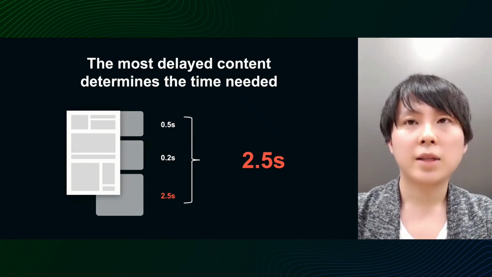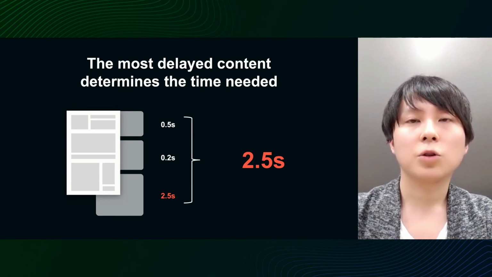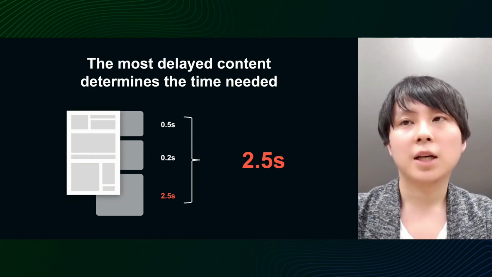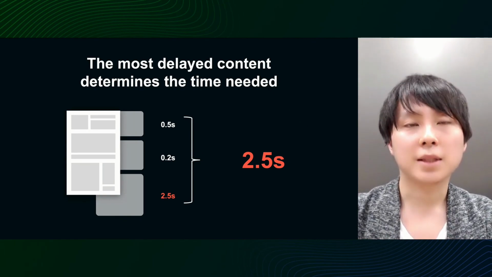Especially in the skeleton screen, we have introduced a single skeleton screen that covers the entire screen, so if the loading speed of any content slows down, it will affect the release time of the entire skeleton screen. Therefore, performance tuning is needed to reduce the time to release the skeleton screen in the future.